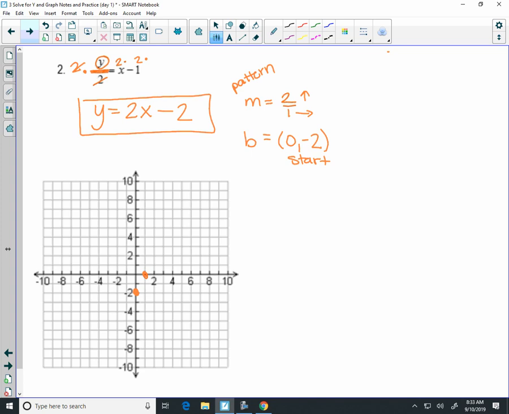So if you're working ahead and throwing that into Desmos to check, that's awesome. And to finish it out, we're going to go down 2, left 1. I'm going to try to make a nice line.